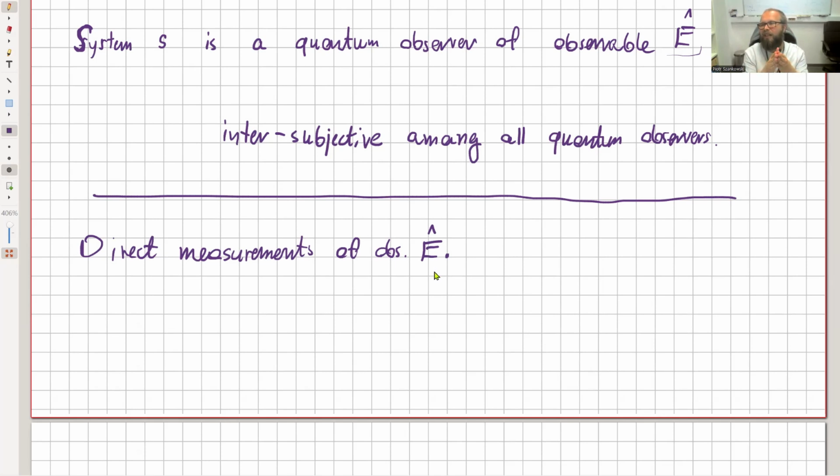Let's assume your measurements are not destructive, so that once you are done with your measurement, the system evolves freely afterwards, with the effect of your measurement being that the state of your measured system has been modified by what you saw, according to the collapse rule.